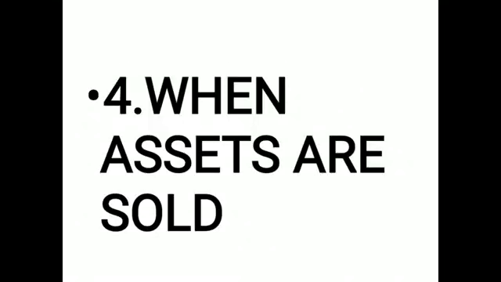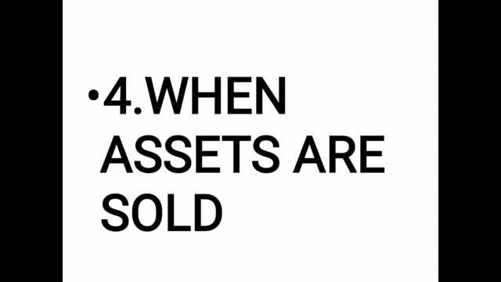Because the assets are to be sold. Why are they to be sold? Because the business is closing down. The partnership firm comes to an end. So you have to close all the accounts, you have to sell all the assets, and you have to make payment towards all the liabilities.